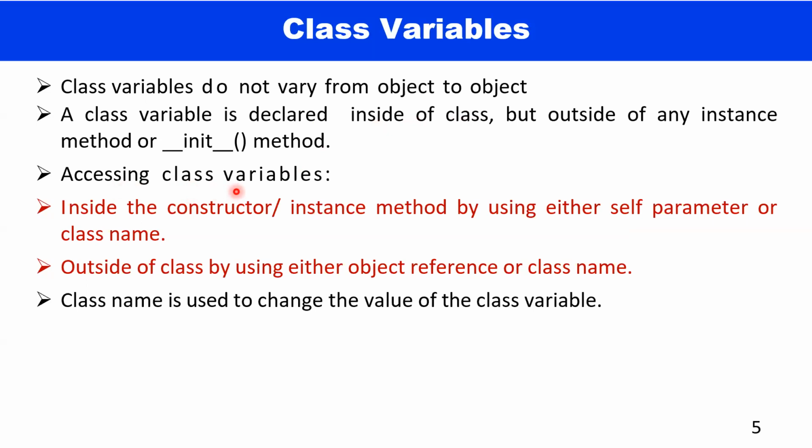We can access class variables from inside the constructor or from an instance method by using either the self parameter or the name of the class.